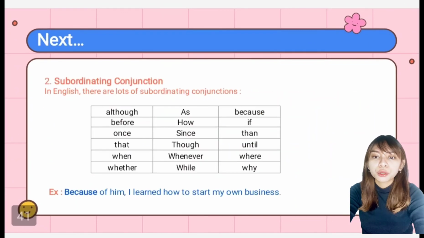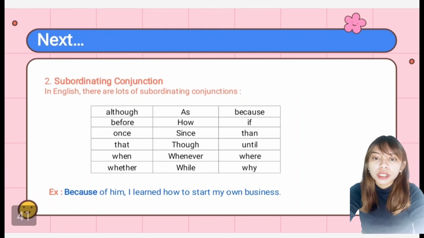Next, subordinating conjunction. In English, there are lots of subordinating conjunctions, but here I mention just a sample. It is although, before, once, that, when, whether, as, how, since, though, whenever, while, and else.